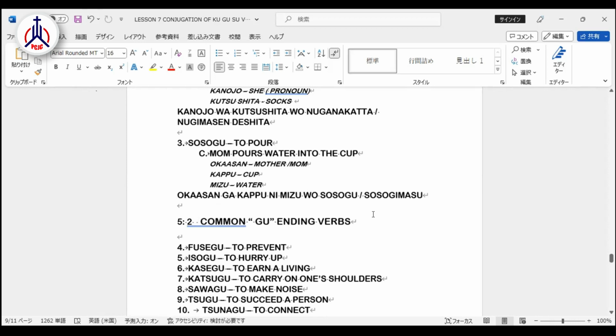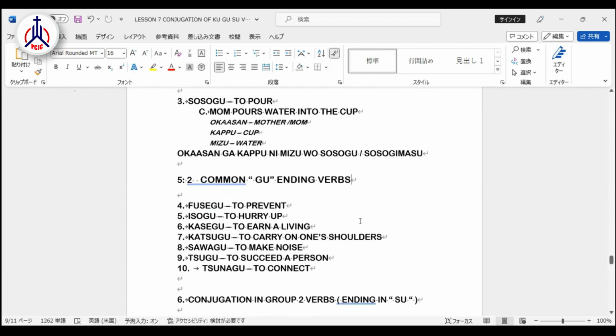And then if it is non-past, formal, okasan ga kapu ni mizu wo sosogimasu. I series, sosogimasu.